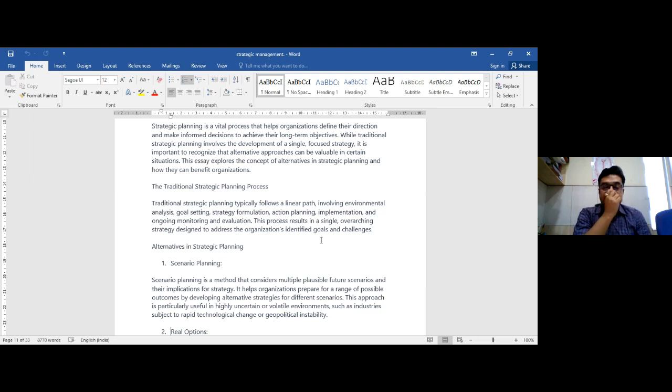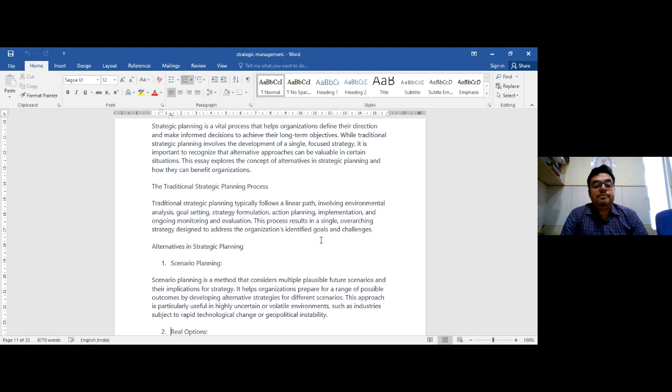It would help organizations to prepare for a range of possible outcomes that are intended towards developing alternative strategies for different scenarios.